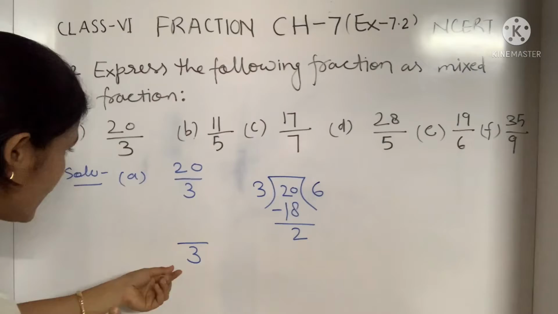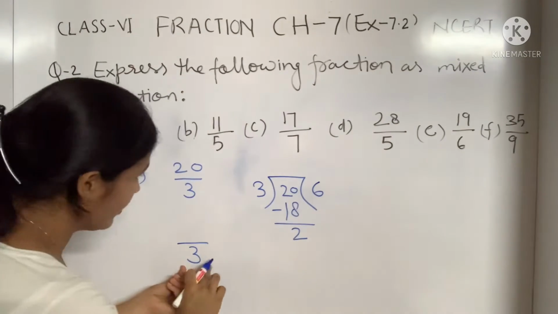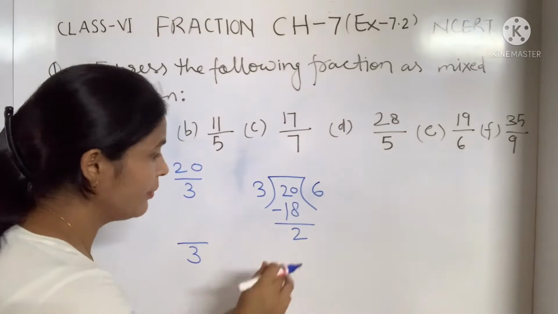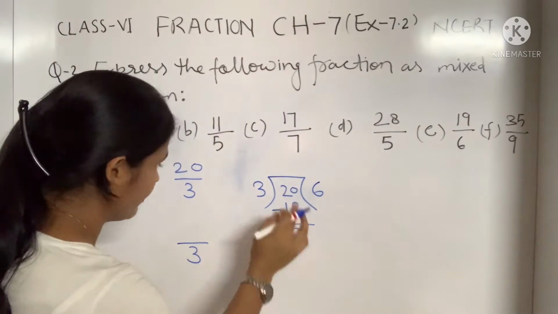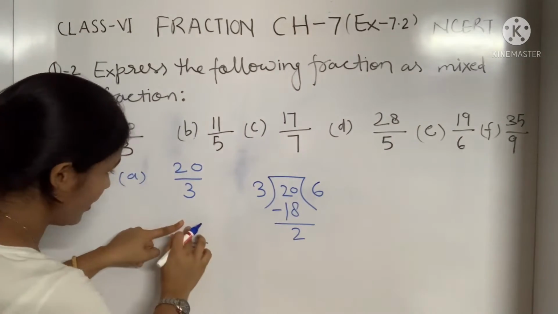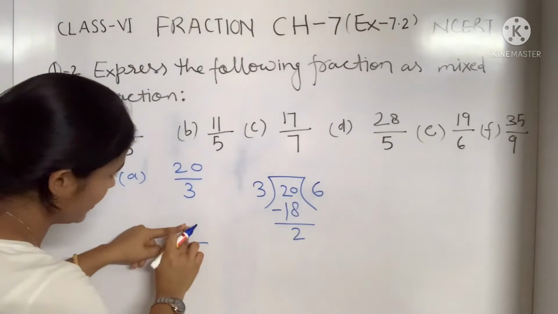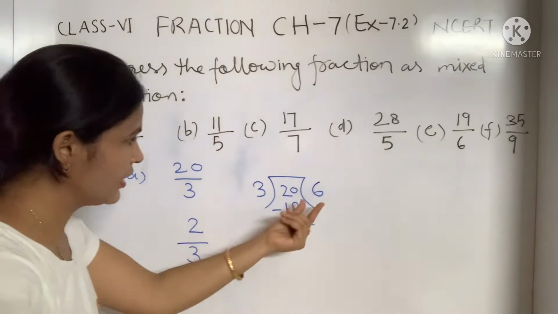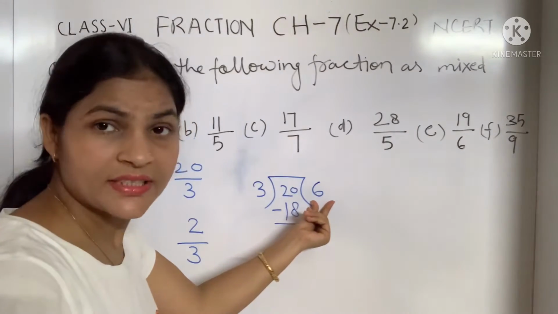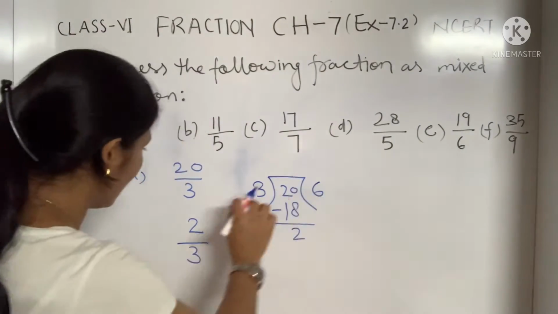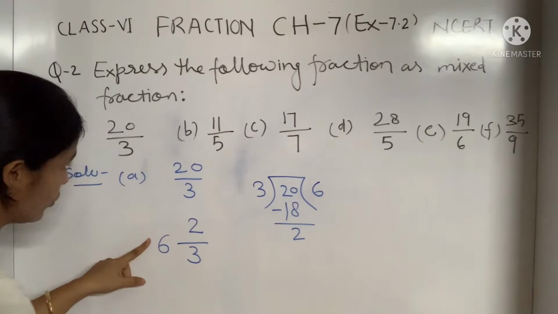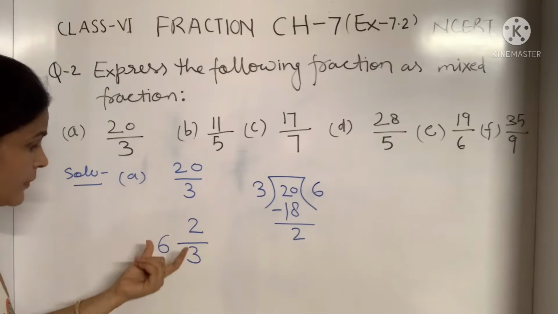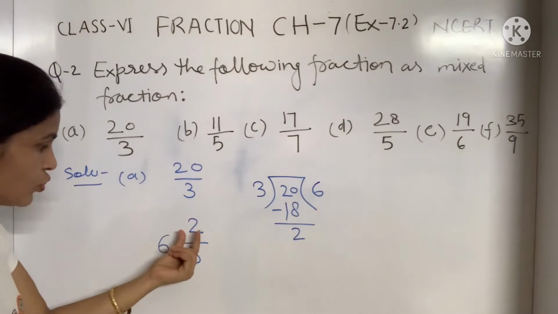So in the denominator we get 3, and the remainder always goes up, in the numerator. So the remainder comes here, and it goes 6 times, so this 6 will come here as the whole part. So I have written 20 upon 3 as a mixed fraction: 6 and 2 by 3.